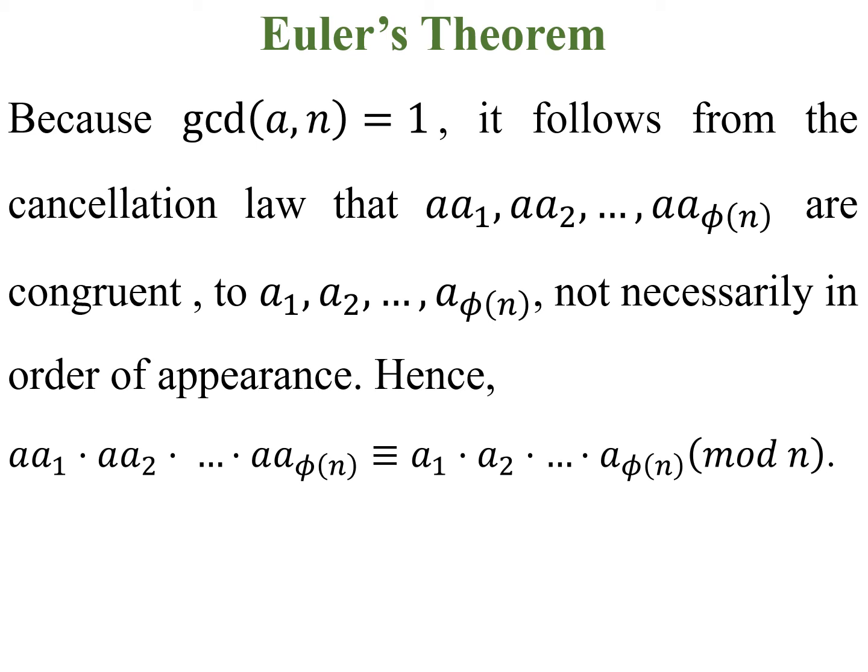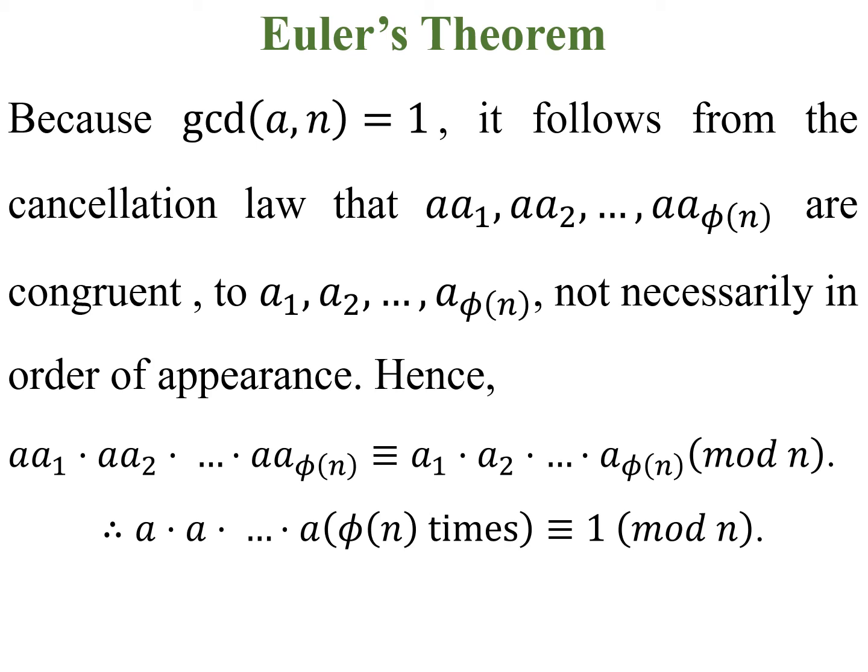Here we get a, phi n times, so it will be a raised to phi of n, and the remaining a1 into a2 up to a phi n will be cancelled with a1 into a2 into a phi n on the right side. So on the right side there will be just 1, and on the left side a raised to phi n. In this way we proved Euler's theorem: a raised to phi n is congruent to 1 modulo n in both the cases.